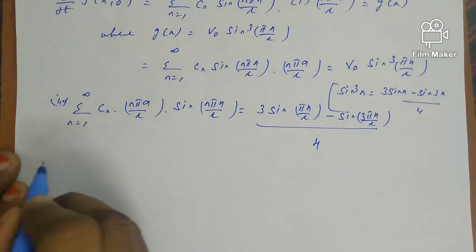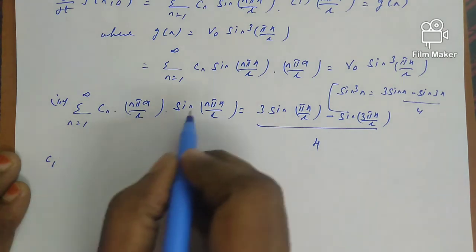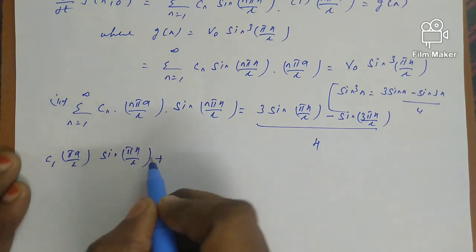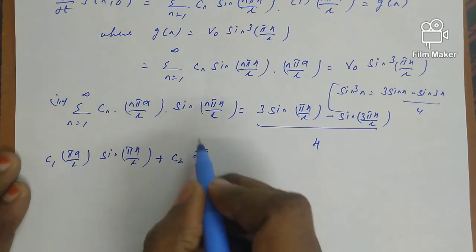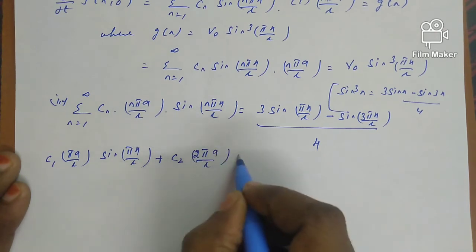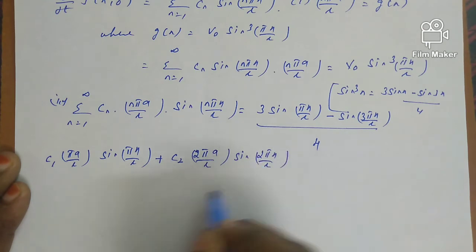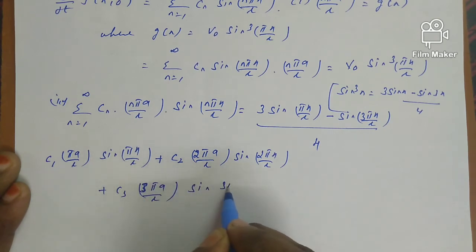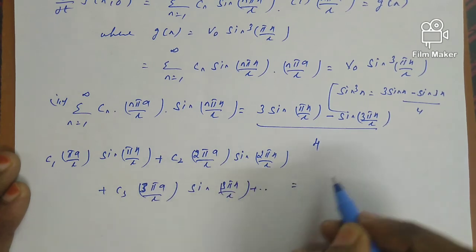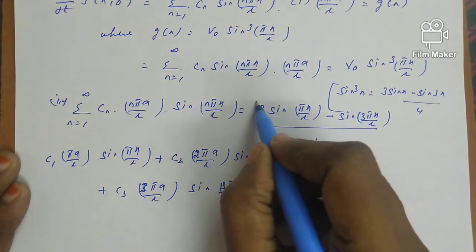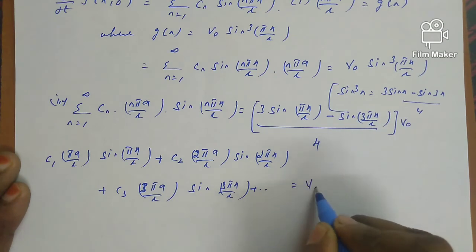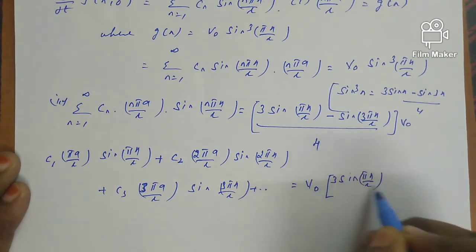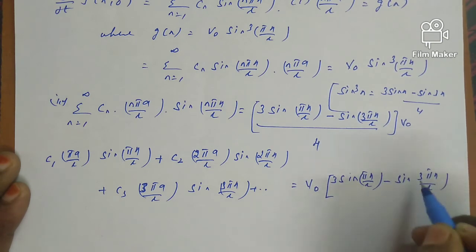When n equals 1, we get C1 πa/L into sin(πx/L) plus, n equals 2, C2 2πa/L into sin(2πx/L) plus C3 3πa/L into sin(3πx/L) plus etc. equal to, here we have v0 into (3 sin(πx/L) minus sin(3πx/L)) whole divided by 4.